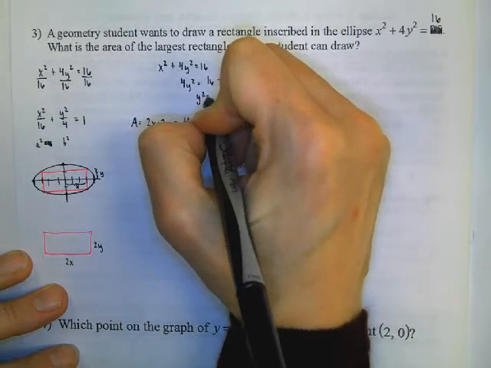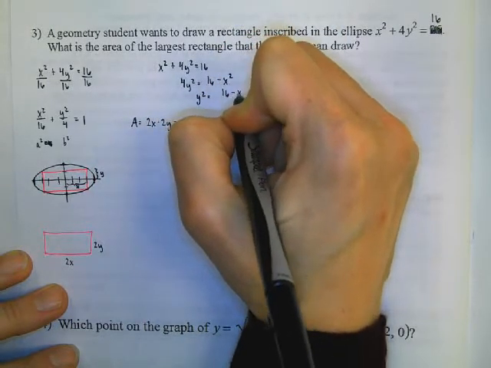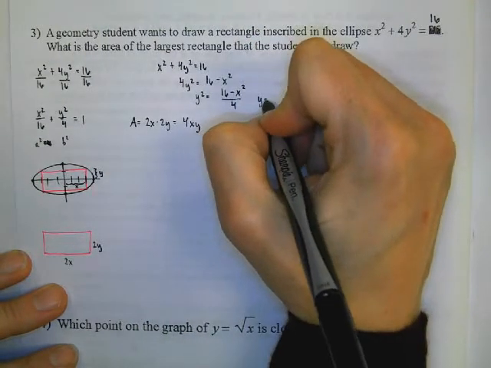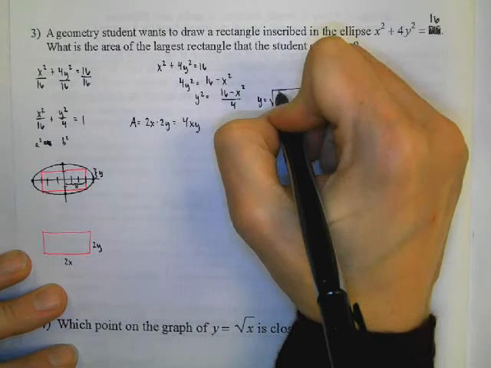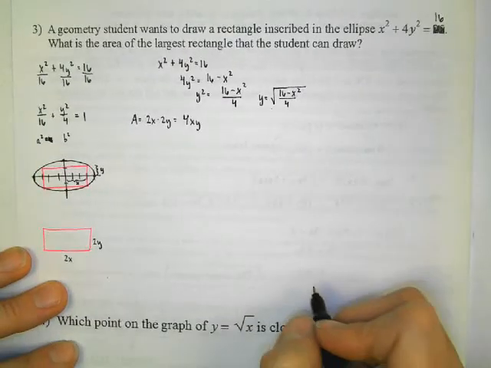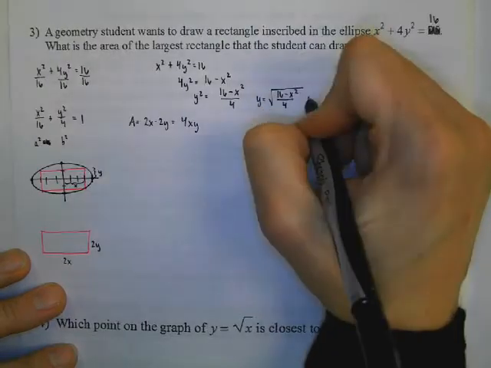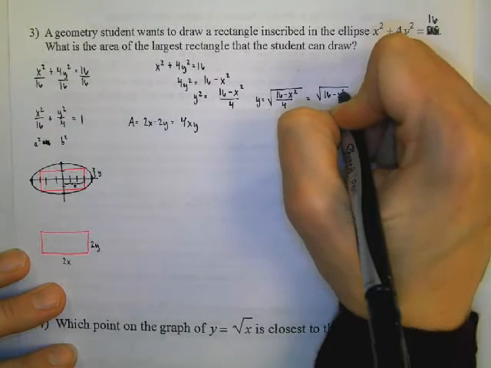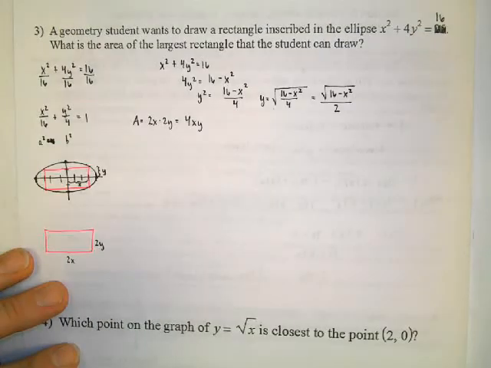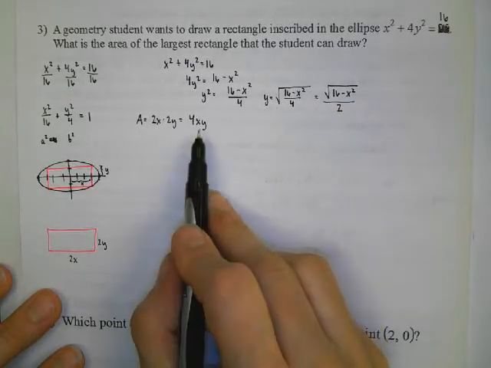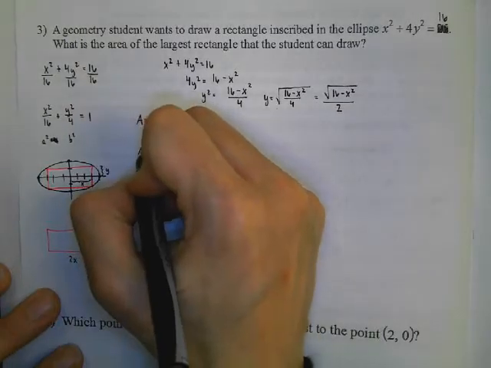Then y squared is 16 minus x squared over 4, and so y will be the square root of 16 minus x squared over 4. Simplifying a little bit, I get the square root of 16 minus x squared, all over 2. So now I have an expression for y that I can plug into my area formula.